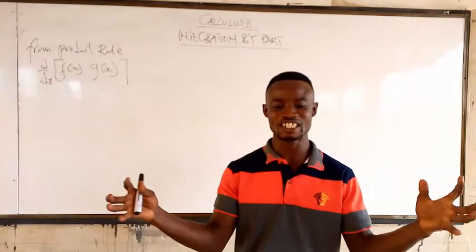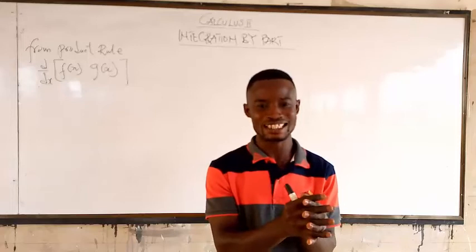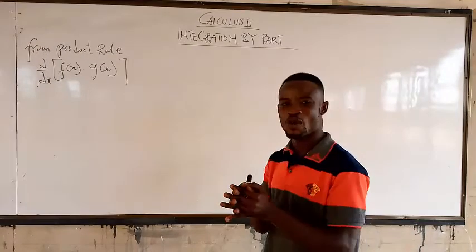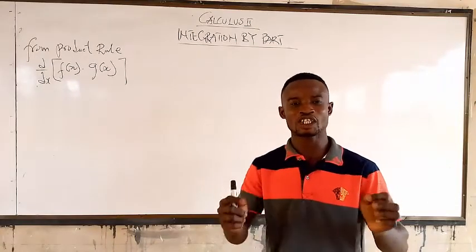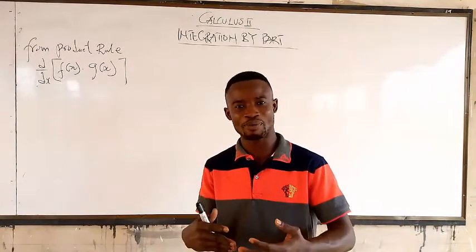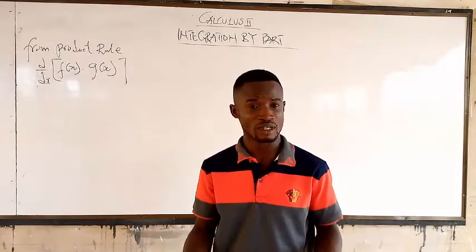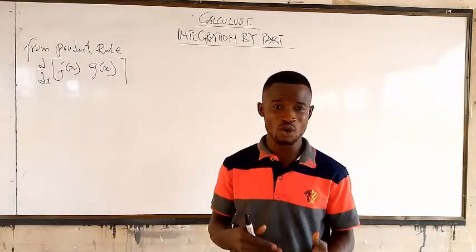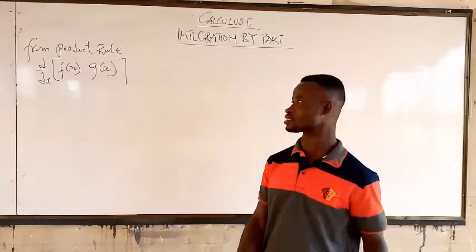When these two functions are being multiplied, what do we apply? The product rule. In the same way, now that we are in calculus 2, when two functions are multiplied, can we take the integral of it? The answer is yes. We can do that. In what way? Let's look at it and you will have it.